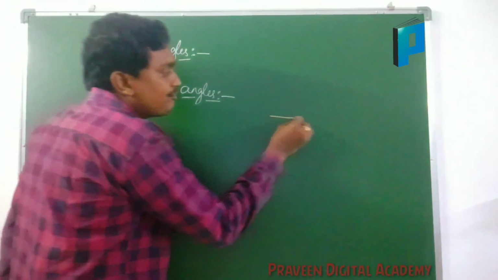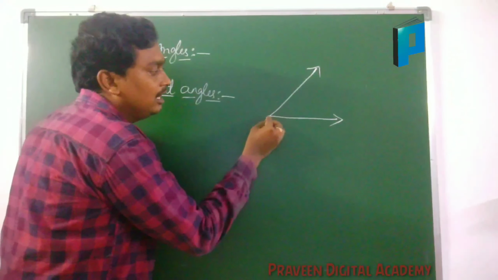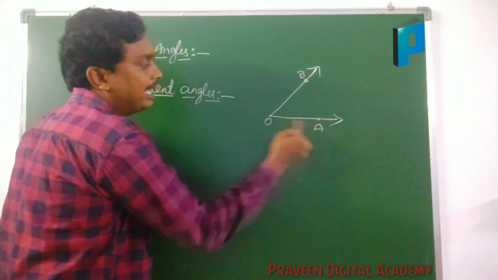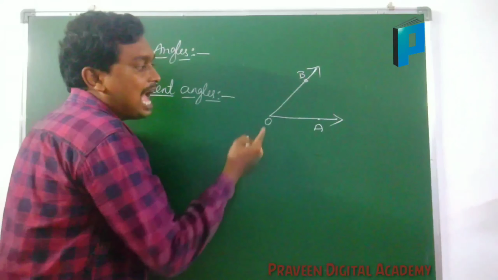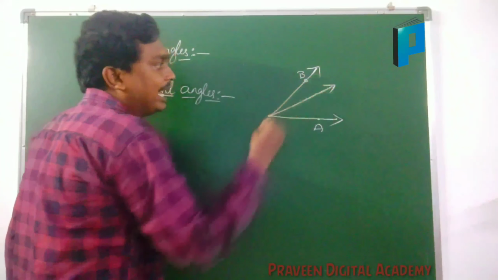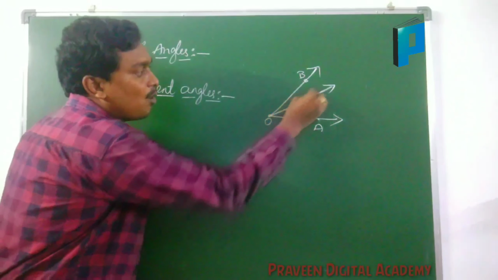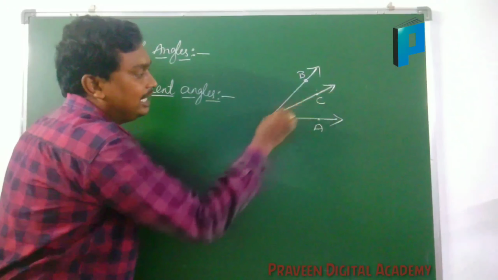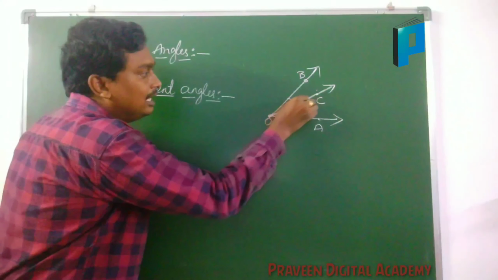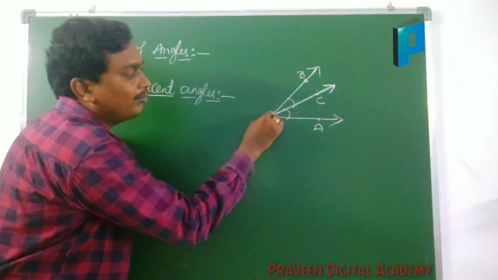If angle AOB has a common vertex and a common side, here OC is there. Here this AOC and COB will have the common ray. It will have a common ray and a common vertex.